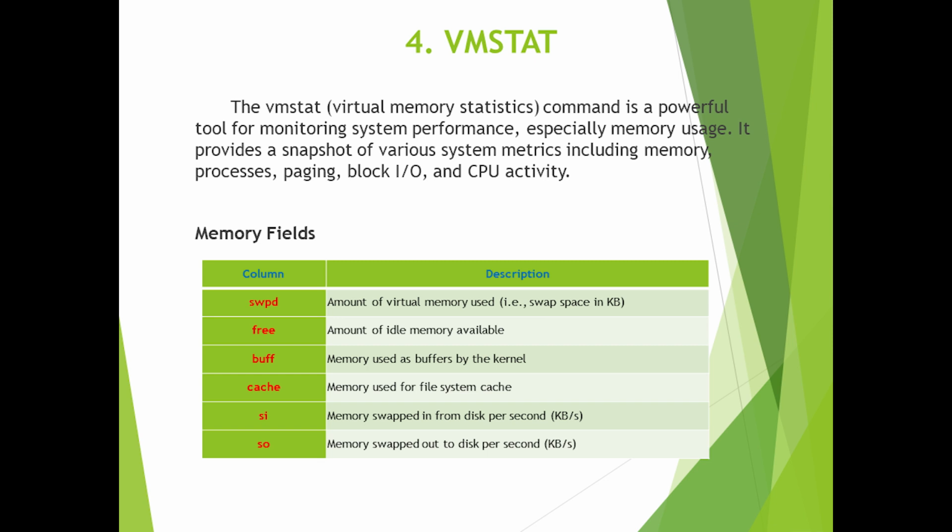The memory fields are swpd, which provides the amount of virtual memory used; free, the amount of idle memory available; buff, memory used as buffer by the kernel; and cache, which provides information about the file system cache. si provides the memory swapped in from disk per second, that is KB per second. so provides the information of swap out per second.